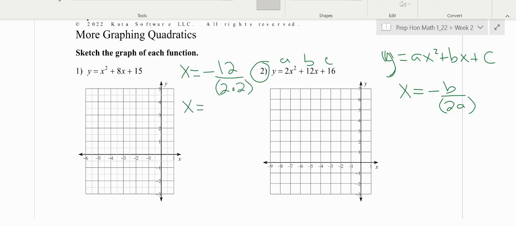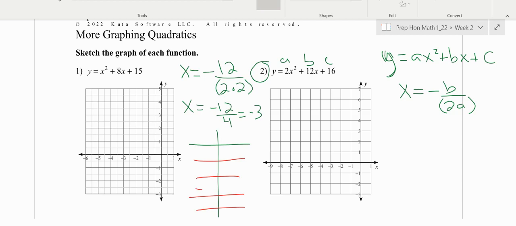When we do 2 times 2, that's 4. So the opposite of 12 over 4, or negative 3. And so now when we create our table of values, we get negative 3 as our x value.